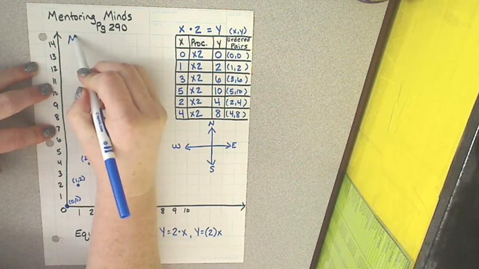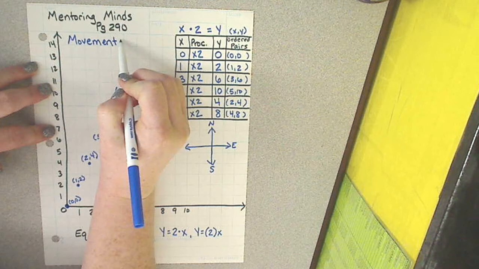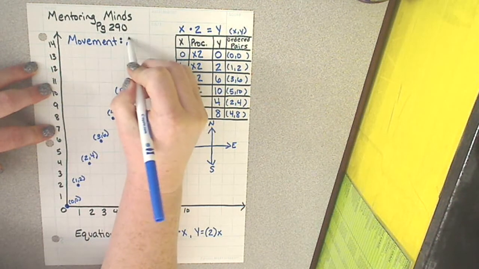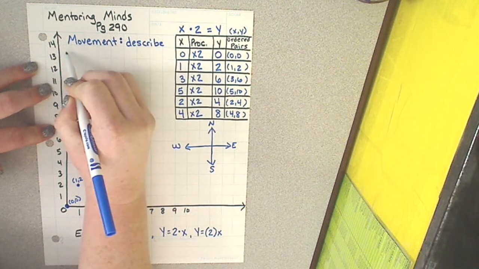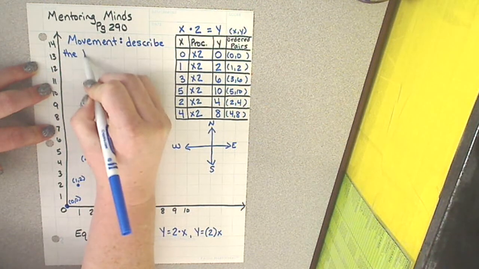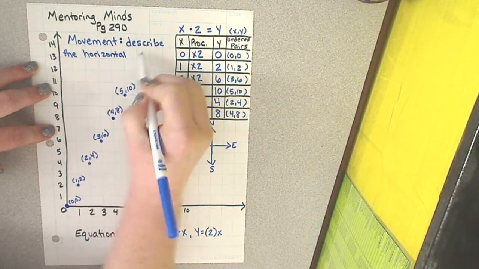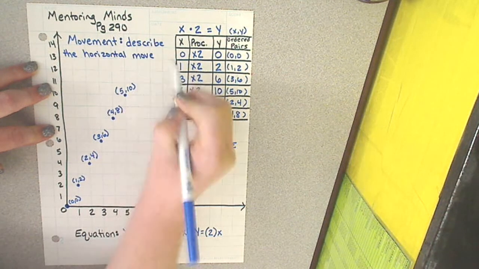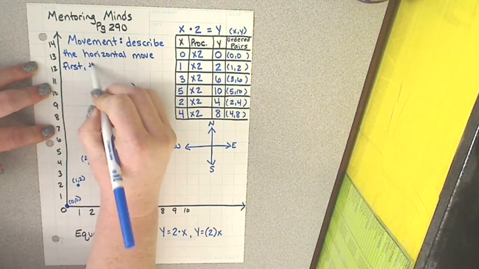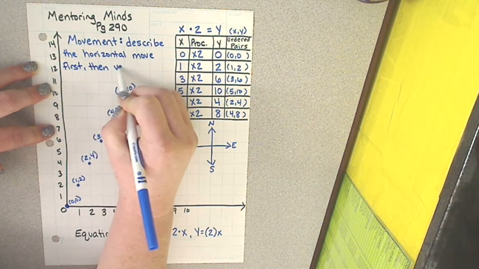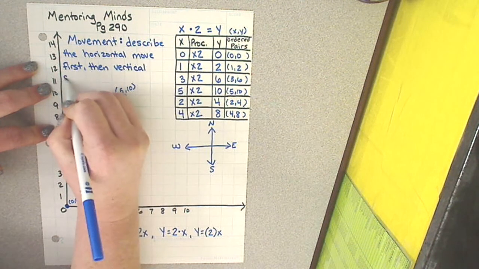So if you're talking movement, you're going to describe the horizontal move first, then vertical second.